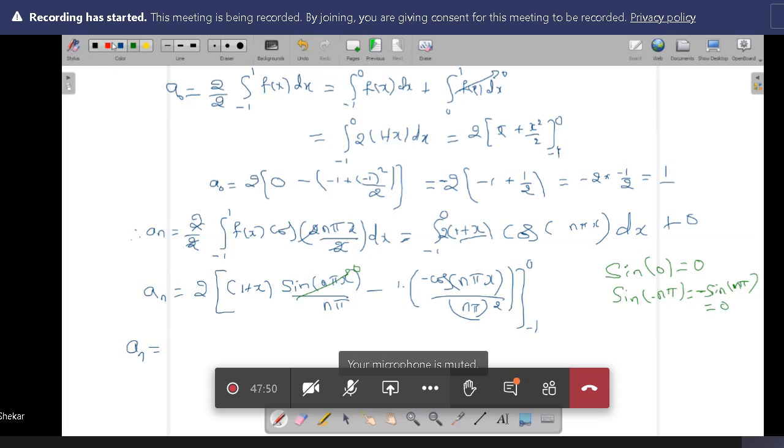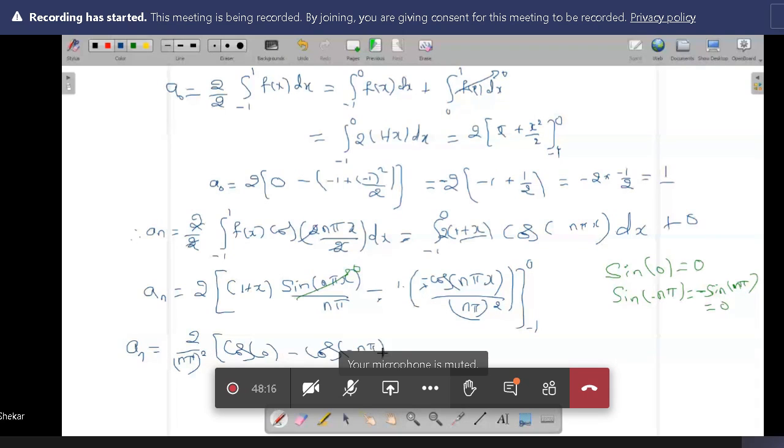So here we have a negative sign and this is a negative sign, minus into minus becomes plus, and 2 divided by n pi whole square into, put the upper limit cos 0 minus the lower limit cos of minus n pi.